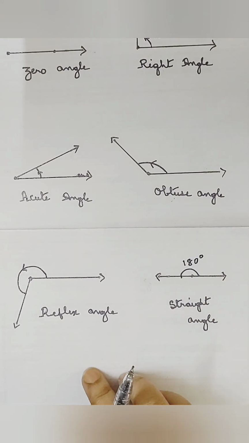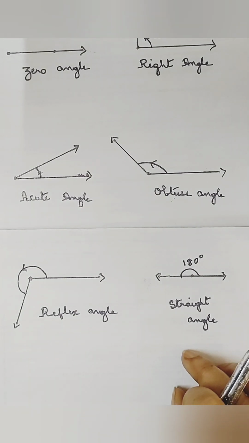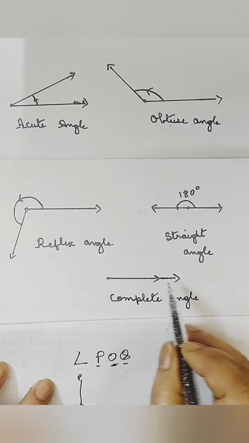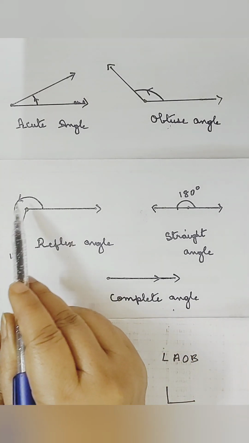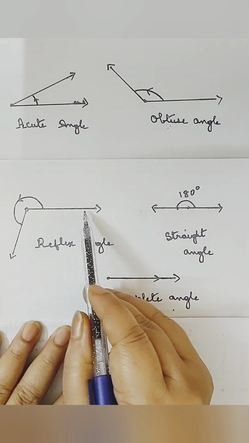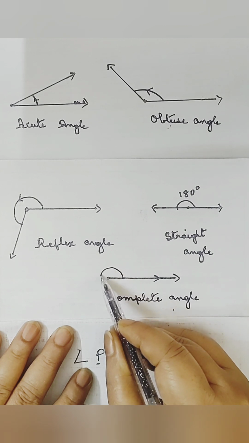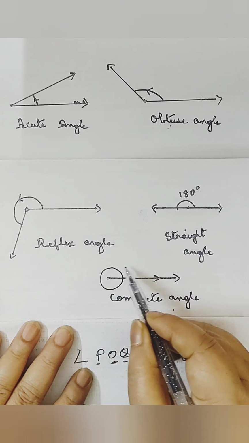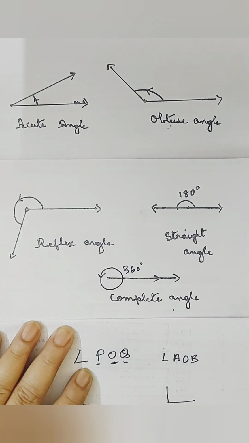Now I discussed the reflex angle and the straight angle, and next comes the complete angle. Now here is a complete angle. Now what is a complete angle? Just see the reflex angle. The arrow is here. Now when this arrow comes all the way around, that means the entire circle, if you count it, you will get 360 degrees, and that is a complete angle.